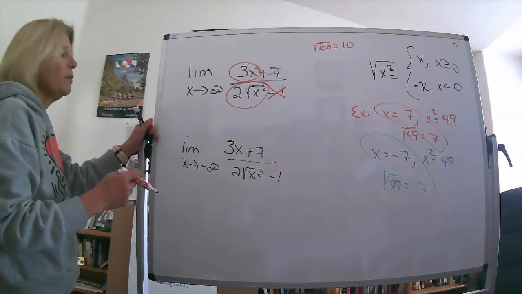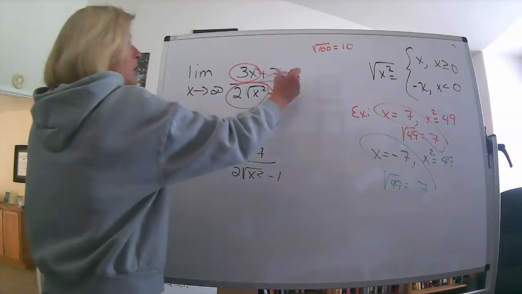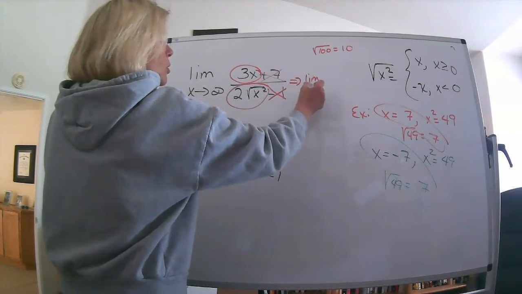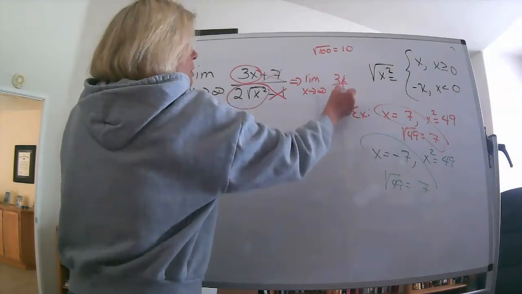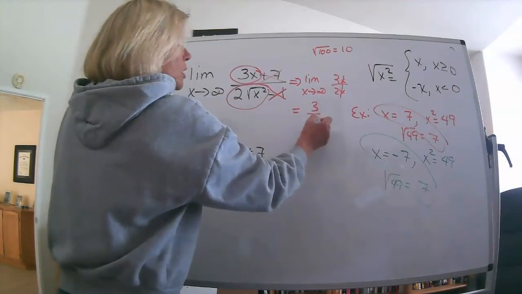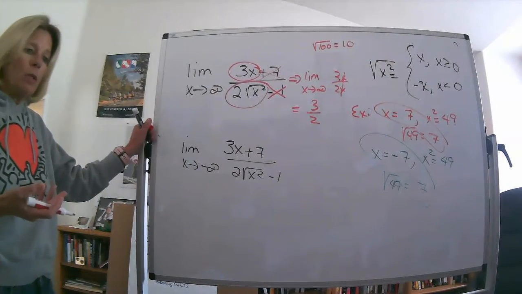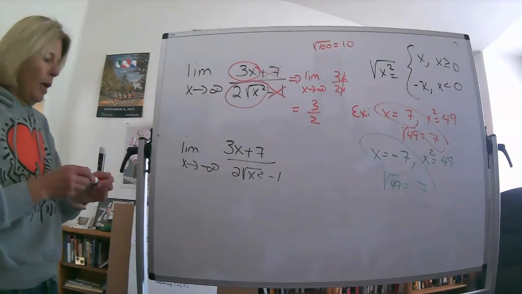X is a positive number. So the square root of x squared is just x. So this becomes the limit as x approaches infinity of 3x over 2x, which is just 3 over 2, which again would be a horizontal asymptote at y equals 3 over 2.